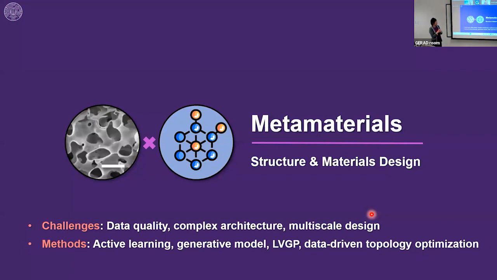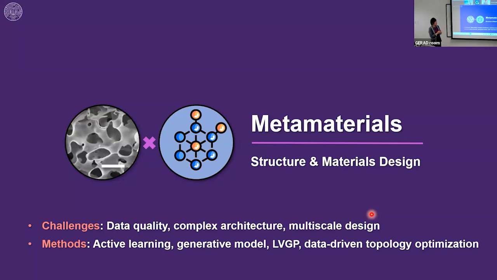So the challenge here is that we are building a library of different unit cell designs. And so there is the data quality issue about how we choose the data, how we generate the data. And it is a multi-scale problem because we are designing a heterogeneous material system where the unit cell can be different at different locations.